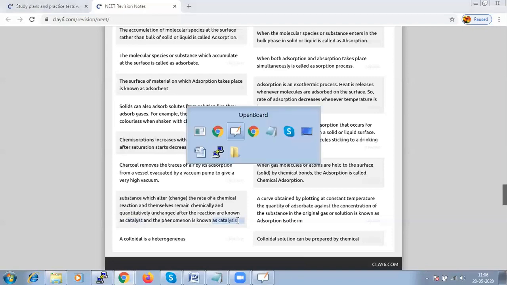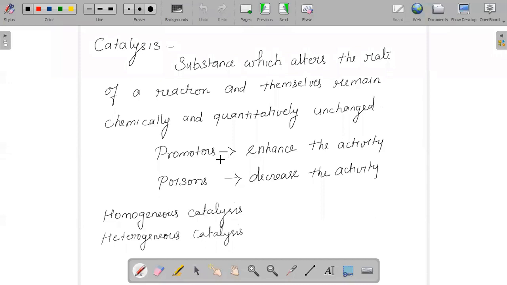When we talk about catalysis, there are two different types of substances: promoters and poisons. Promoters are substances which enhance the activity of the catalyst.